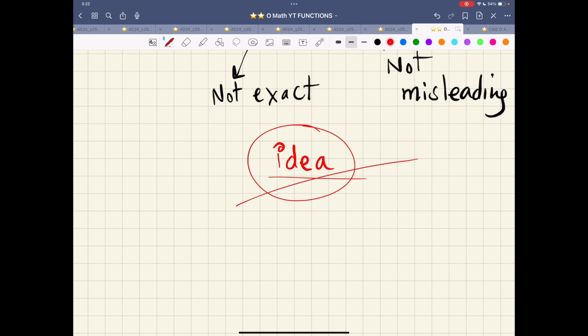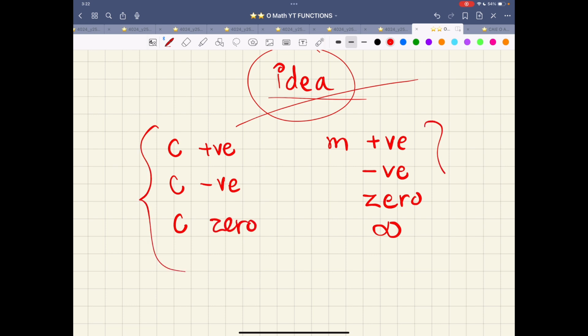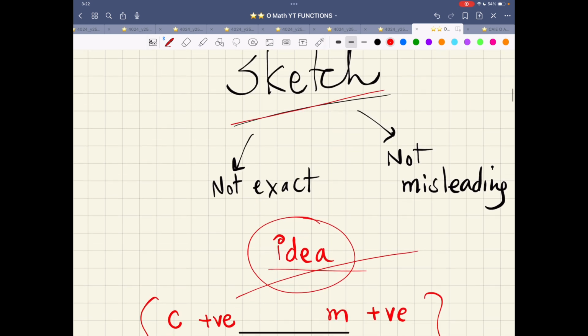So the idea should be very clear, and based upon that thing, in this case positive slope, negative slope, maybe there is a zero slope, maybe there is an infinite or undefined slope, and y-intercept could be positive, y-intercept could be negative, y-intercept could be 0.